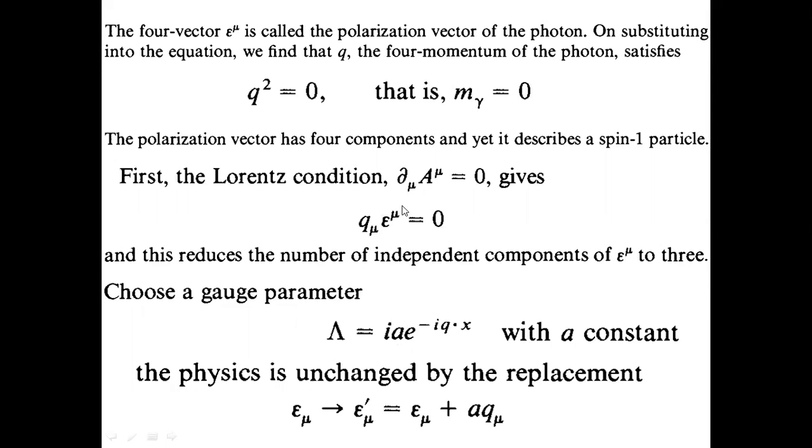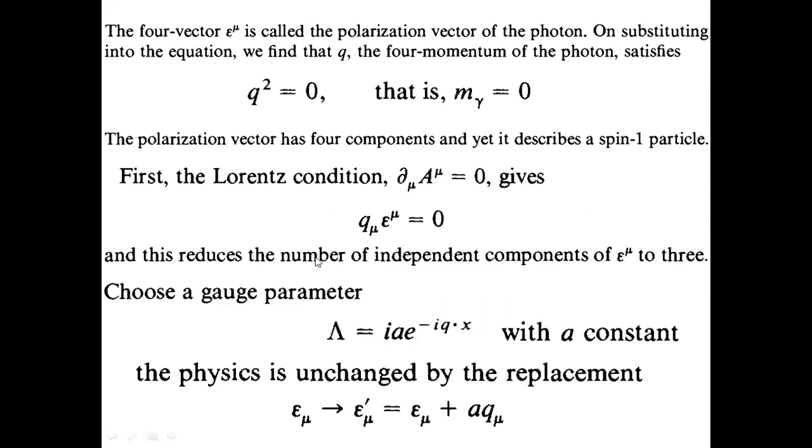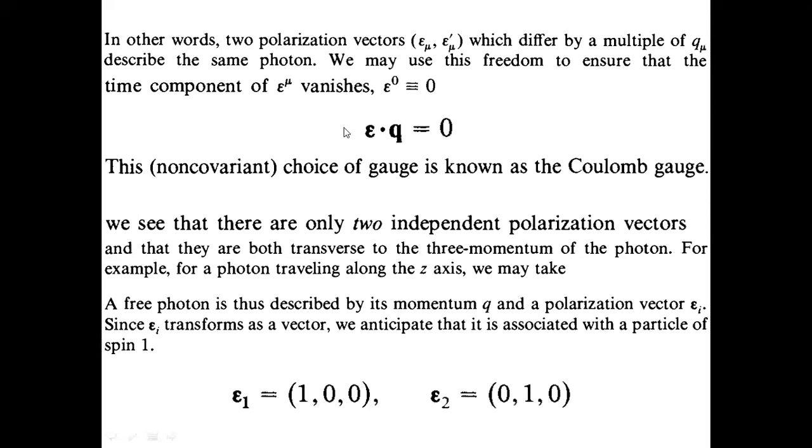If it is 0, then we get a much simpler condition, epsilon dot q equal to 0, because epsilon mu q mu equal to 0 was always there. Now epsilon 0 equals 0, so epsilon dot q becomes equal to 0.